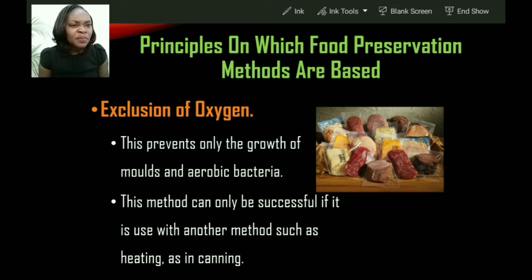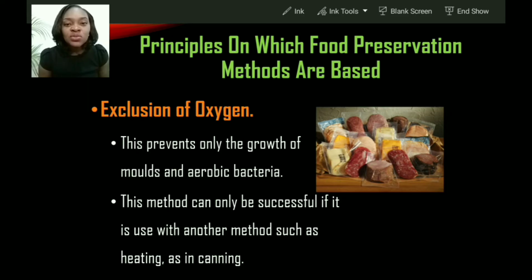The next principle is exclusion of oxygen. This only prevents the growth of molds and aerobic bacteria. Therefore, this method can only be successful if it is used with another method such as heating, as in canning, or even freezing. Now, what are some of the food products you may see in the supermarkets where all the air has been removed from the product? We have some examples here on your right where we speak of vacuum packing, right?